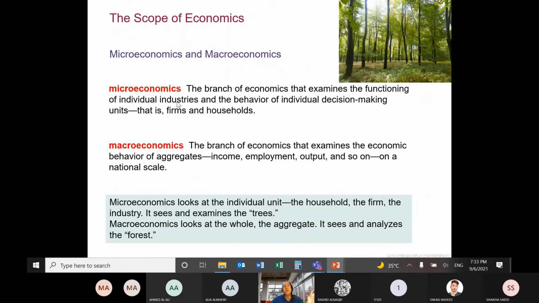So let me use the tomatoes market. So microeconomics is related with an individual or one product, such as tomatoes. So in microeconomics, we will analyze the behavior of a household. So Salim is a customer and is willing to buy tomatoes. So he is a customer. And Owais is a producer of tomatoes.